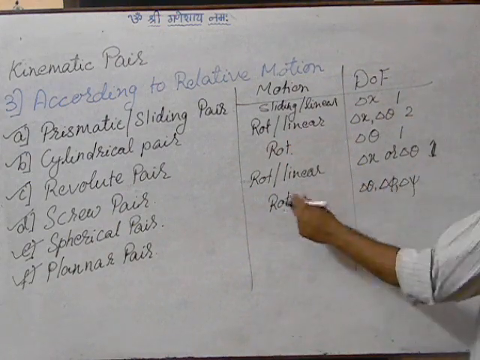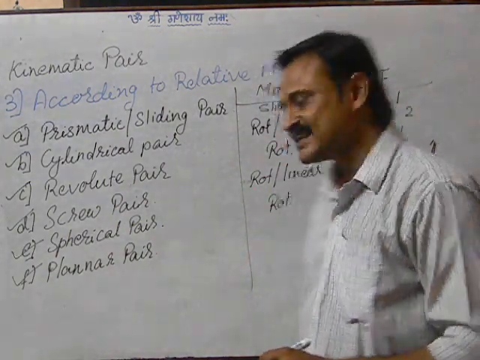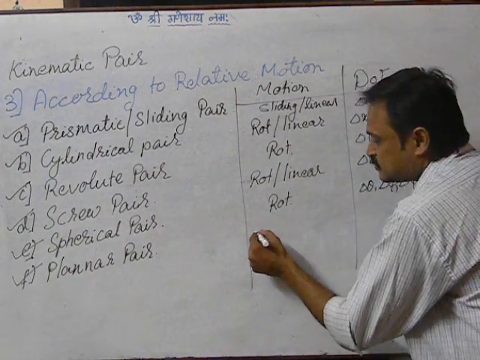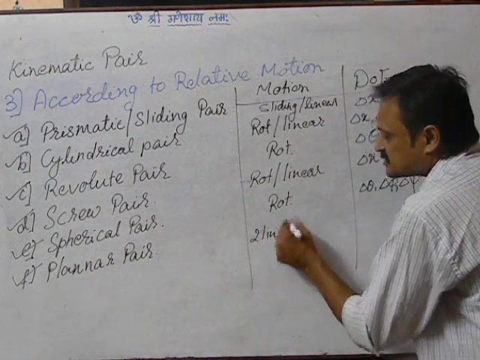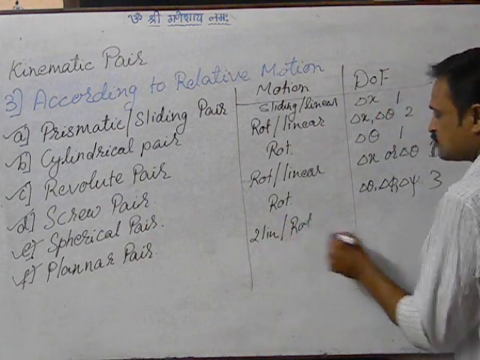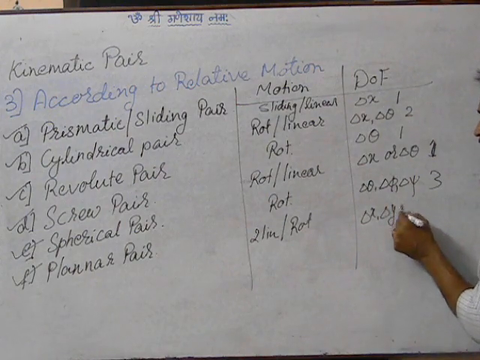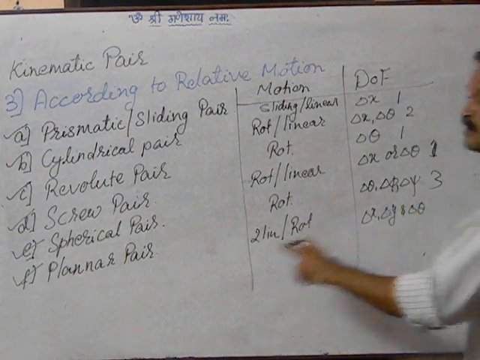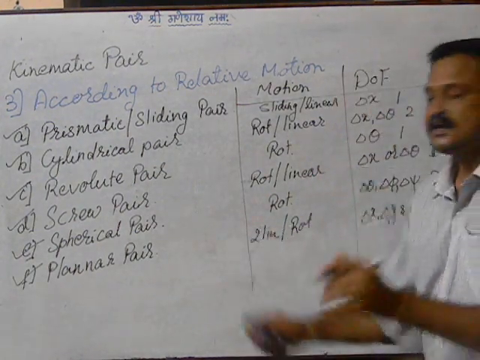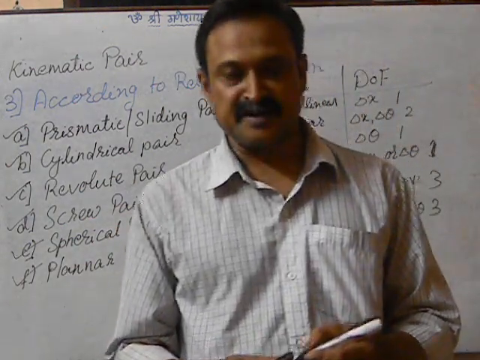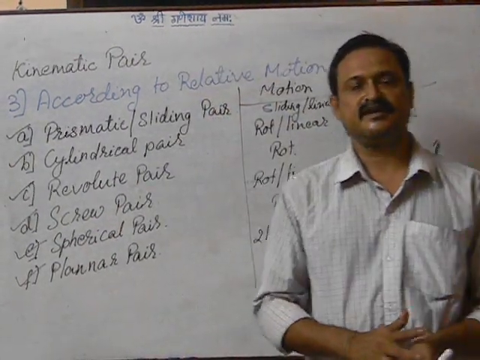All these rotational motions are about 3 axes, they are independent, so degree of freedom 3. Planar pair has 2 linear motions and 1 rotational motion, delta x, delta y and delta theta, but all these motions are independent, so again this has degree of freedom 3. So that's all for this session.